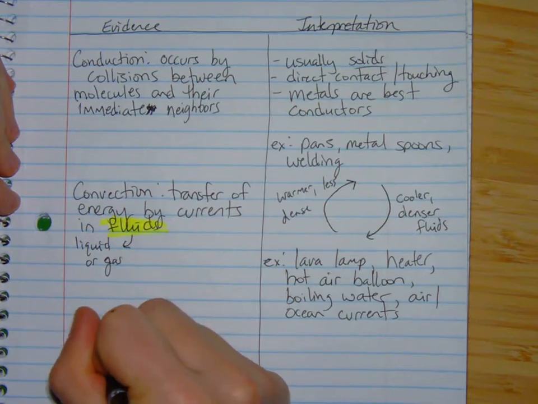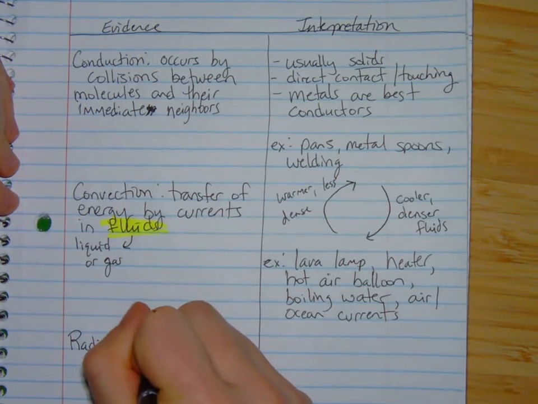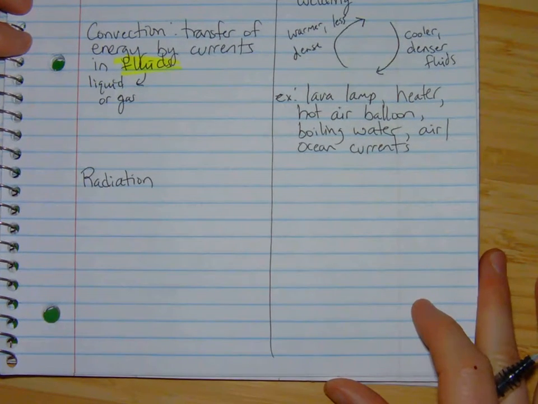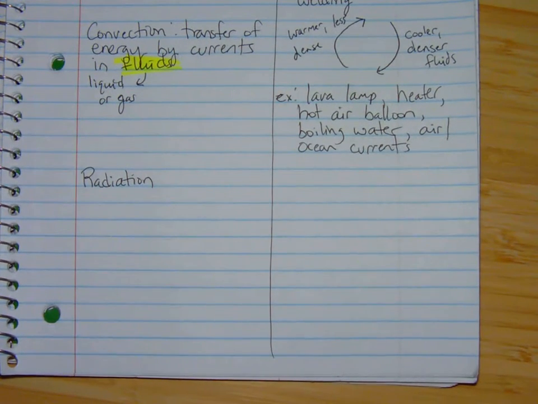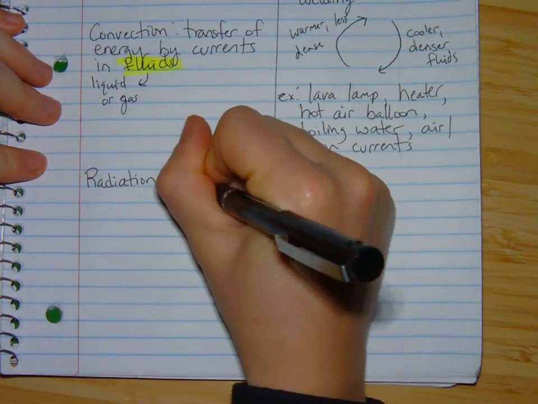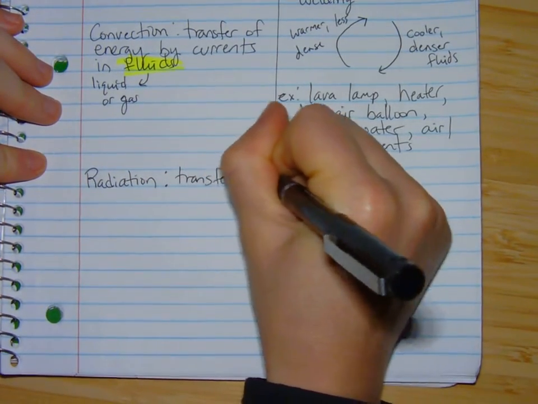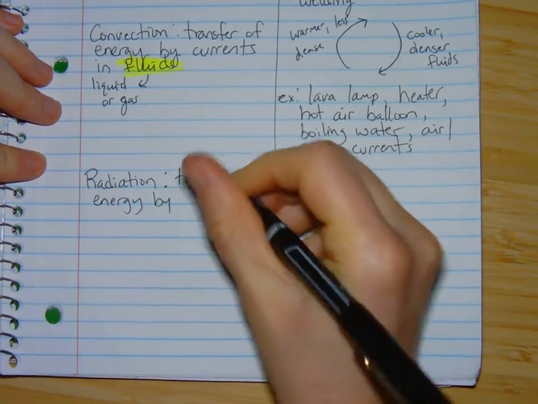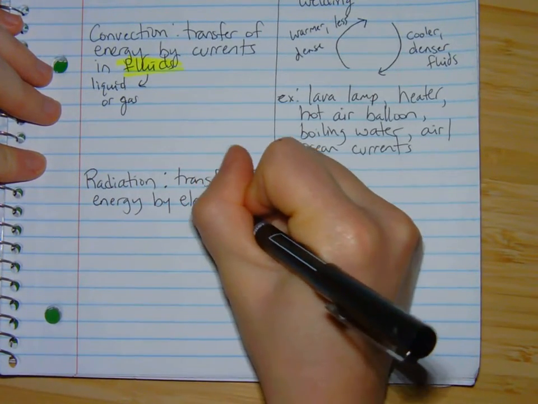Third method. Radiation. When I say radiation, a lot of people automatically go all Hulk on me, and they think that it's that type of radiation, and it could be, but that's a really, really small portion of it, that gamma ray idea. So this is the transfer of energy by electromagnetic waves.